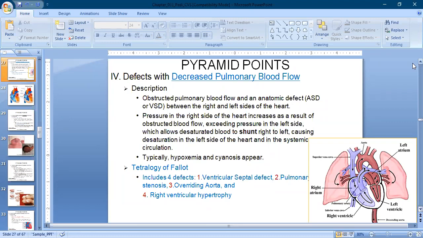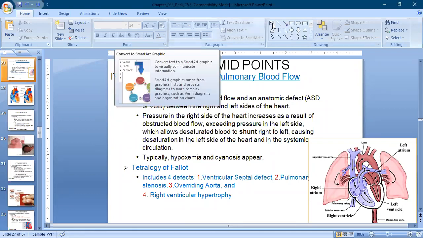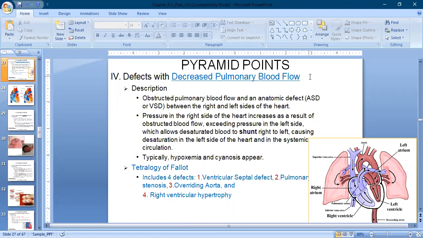Also some defects of the baby or infant have a mixed type of blood flow problem, like transposition of the great arteries, truncus arteriosus, or hypoplastic left heart syndrome. Now let's go to decreased pulmonary blood flow.